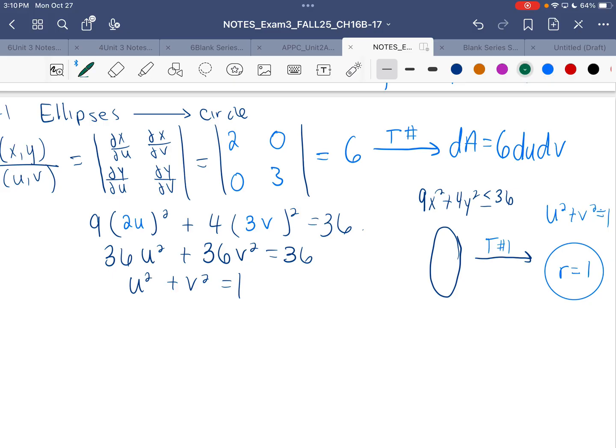It's less than or equal to because it was bounded by. So this means it's within that ellipse.